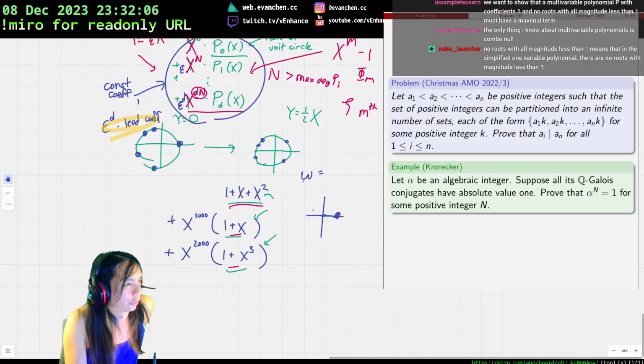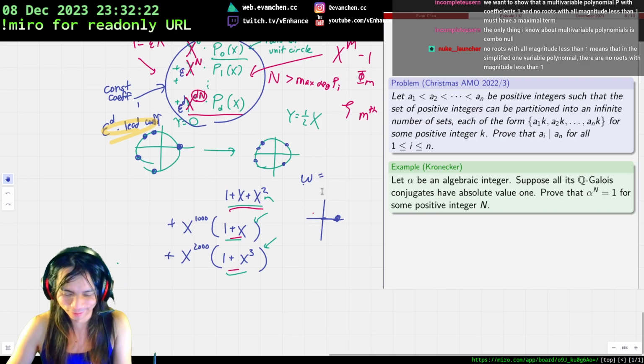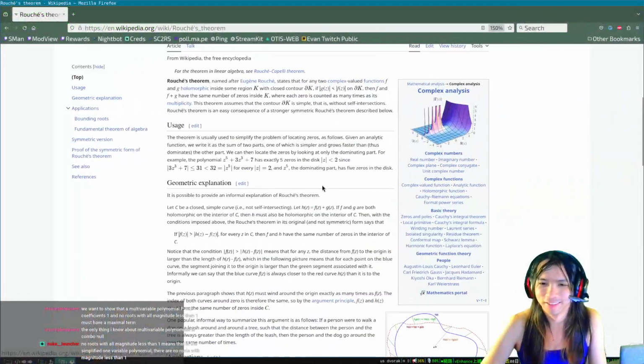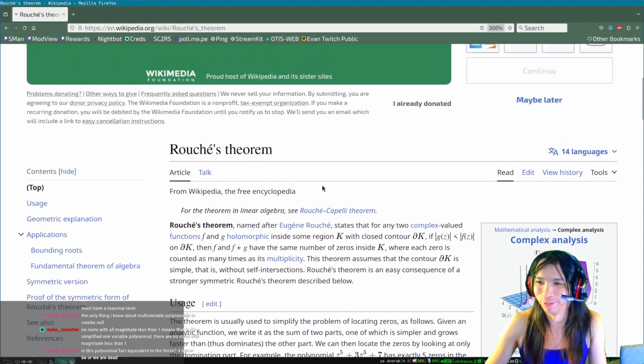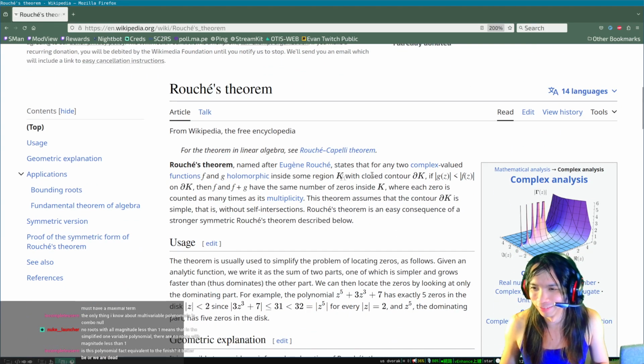We're gonna look up Rouché's theorem. Oh wow, this looks really relevant. The number of roots inside a circle, or any closed region K, apparently.